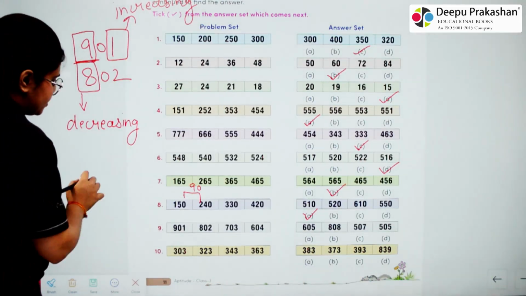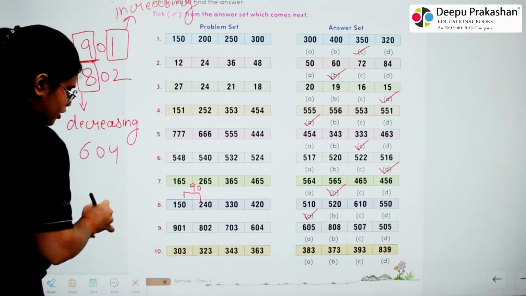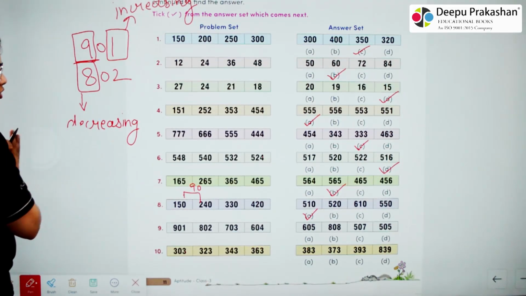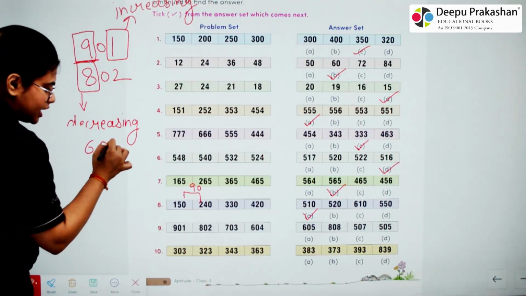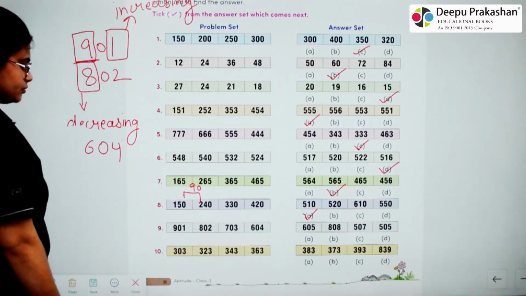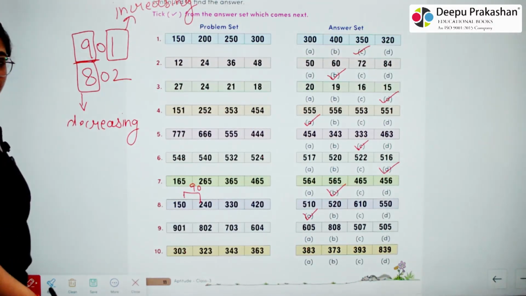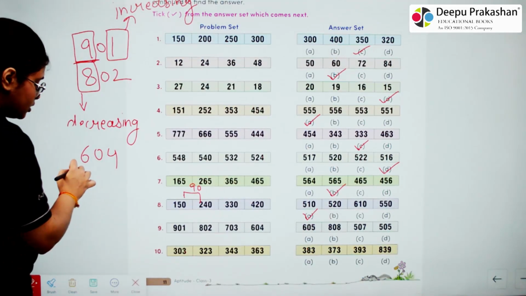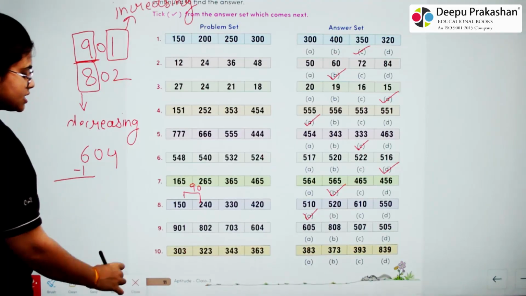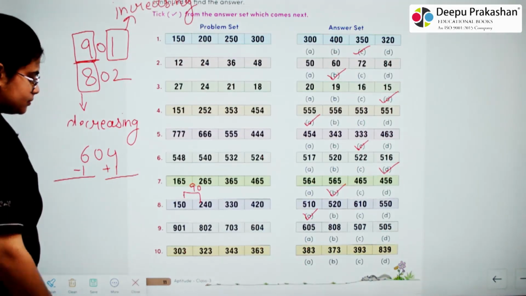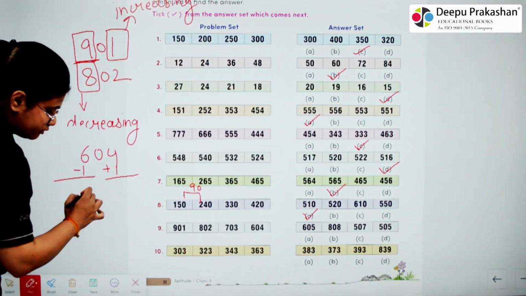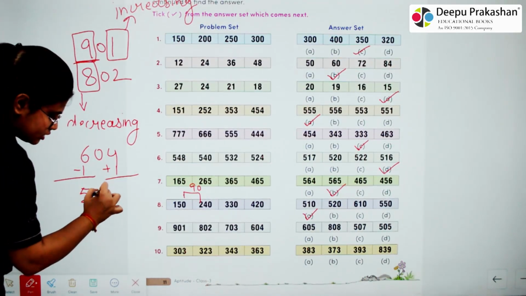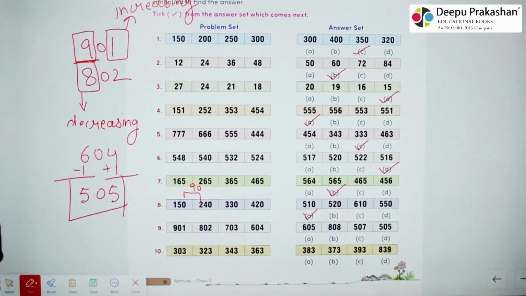So to find the number that will come after 604, we need to subtract 1 from 6 and add 1 to 4. So the number that will come after 604 will be 505. So 505 is our answer.